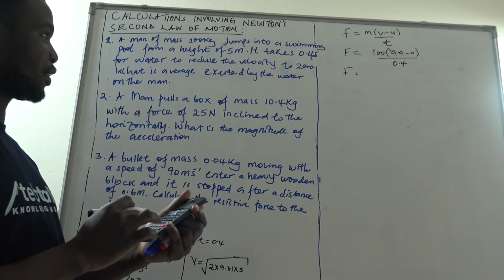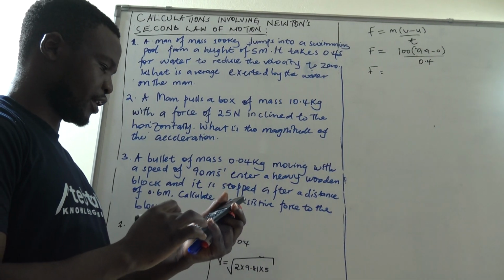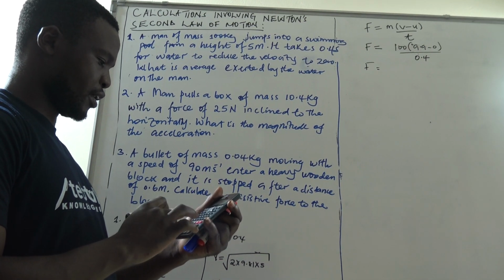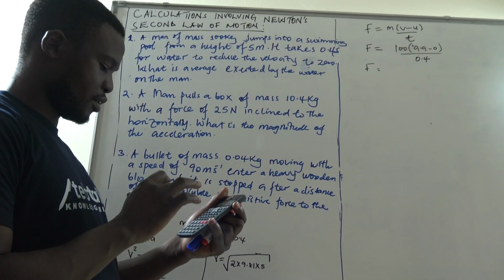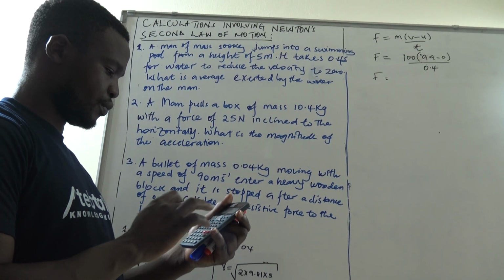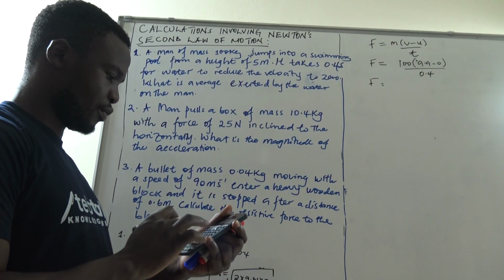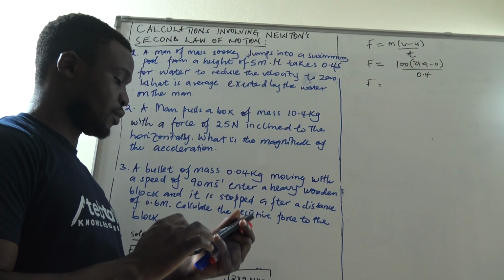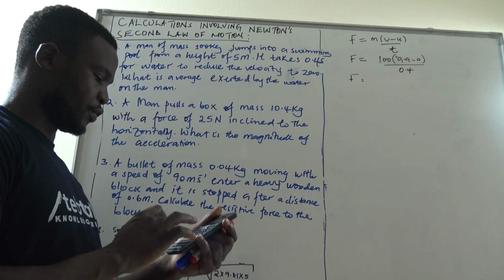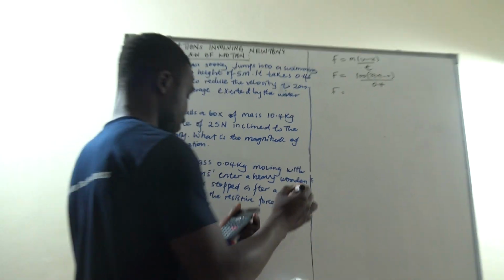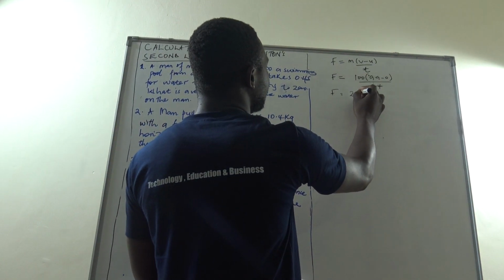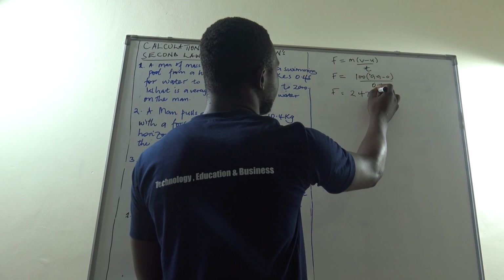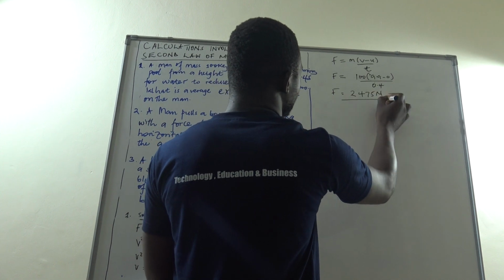So 9.9 times 100 is 990, divided by 0.4, it gives me my force as 2,475 newtons.